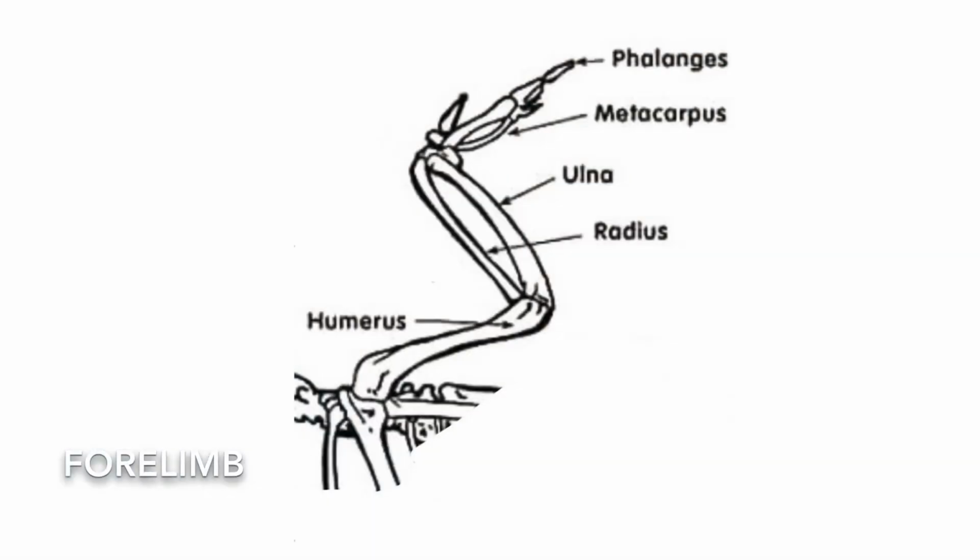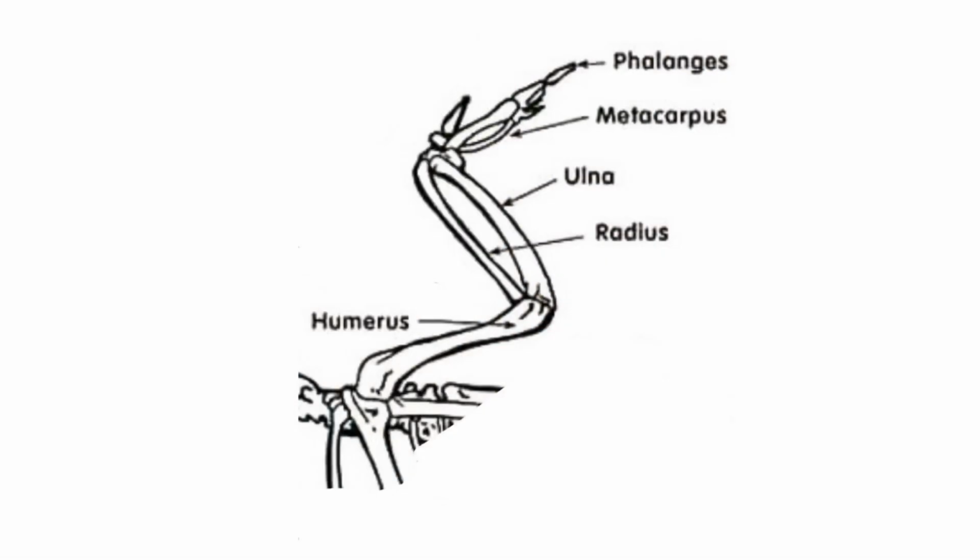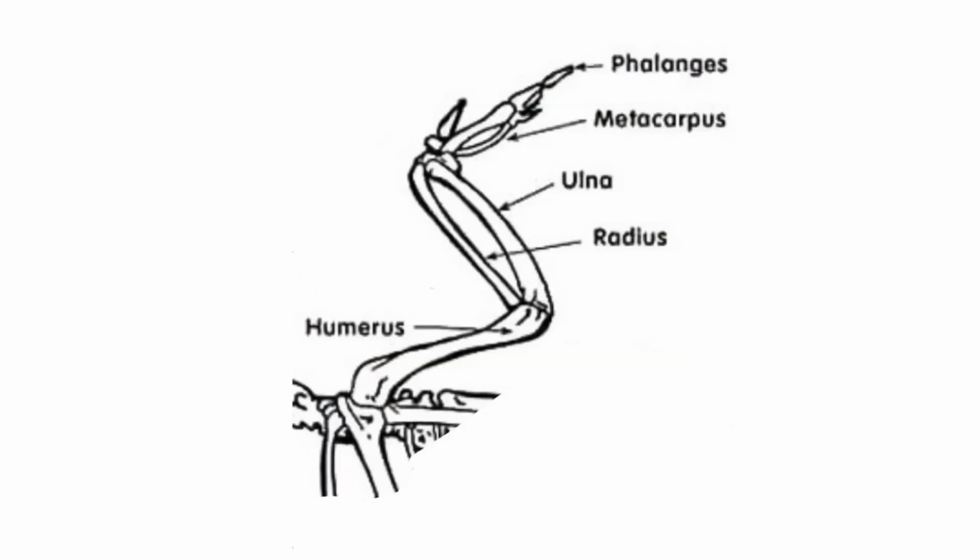So this is our forelimb, and we have the humerus, and then the two bones that are connected to each other, the ulna and the radius. And then in the upper part of that, it's like the whole wing actually. We have the carpometacarpus, and above that are the phalanges.